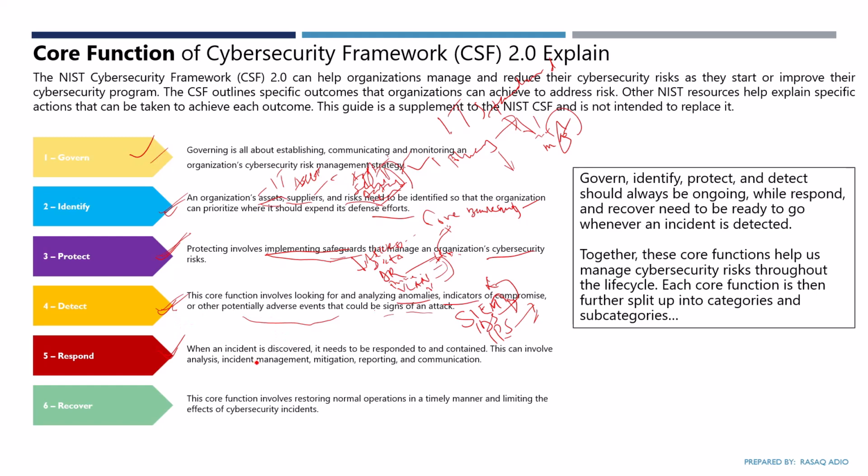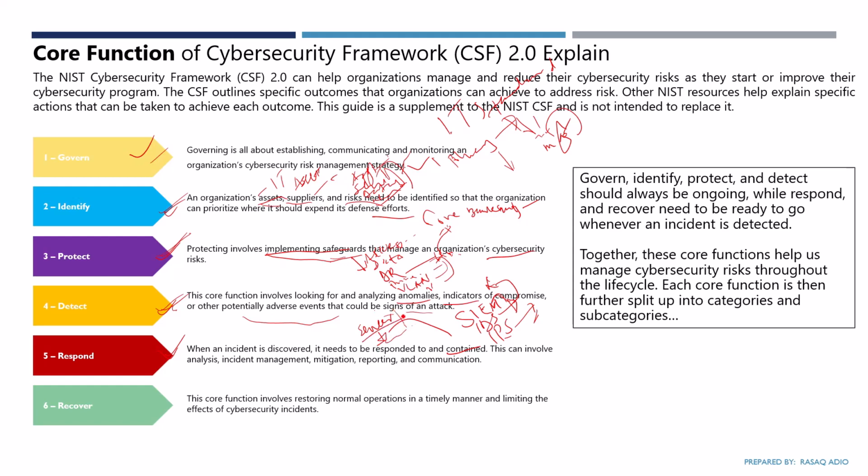So that is what we are talking about here. When an incident is discovered, it needs to be responded to and contained. Sometimes containing it might be that, if one of the servers is affected, for instance, you can isolate the server from the network so that having access to that single server will not give room for accessing other servers on the same network.